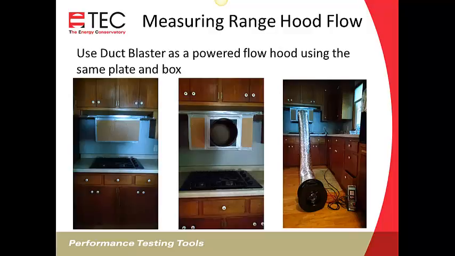In this case, we've got a big enough opening, so it'll solve the issue involved with that. So that's our second method, using the Duct Blaster Fan as a powered flow hood to get our measurement.